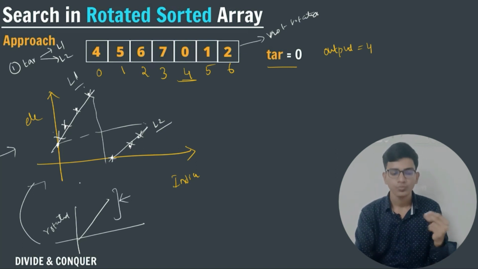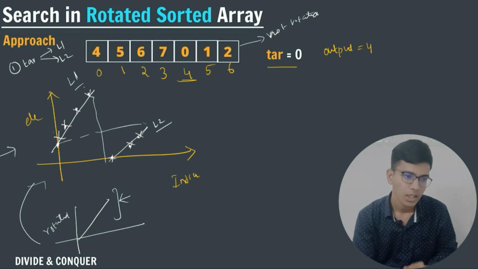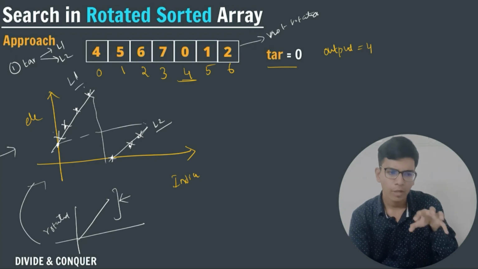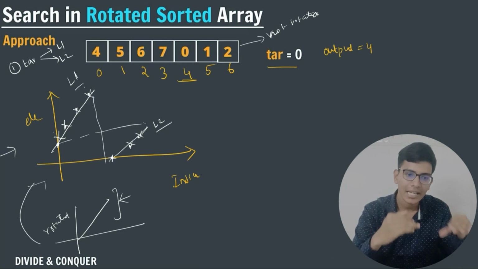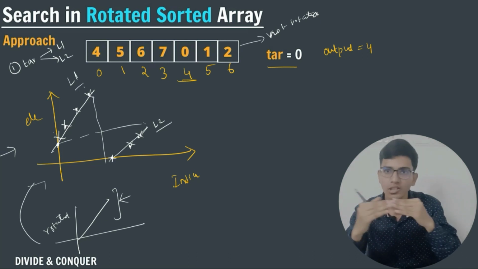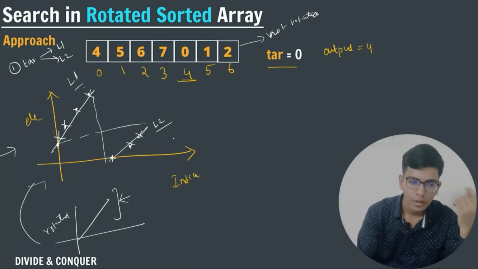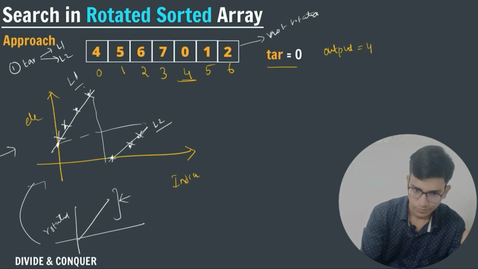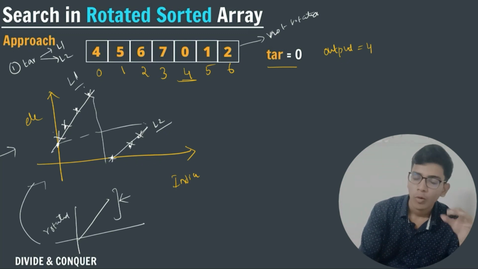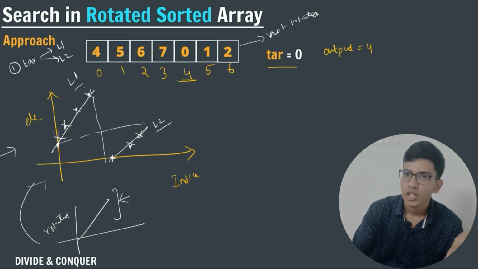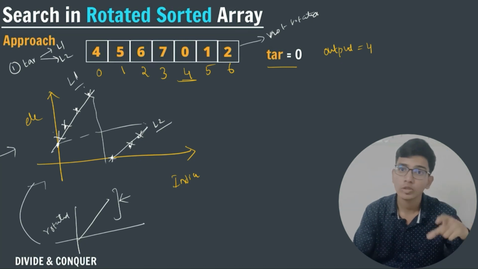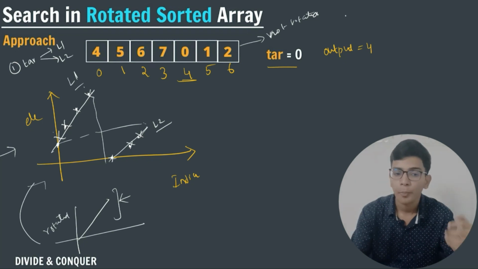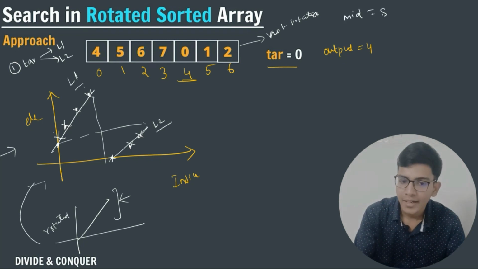Now let us talk about conditions. I told you that if I am able to find whether my target lies on the first line or second line, then our approach is similar to binary search. In binary search, we used to calculate the middle value. So mid index is equal to starting index plus ending index divided by 2.